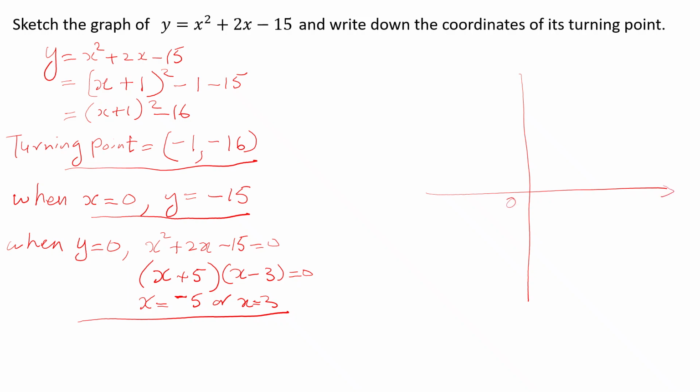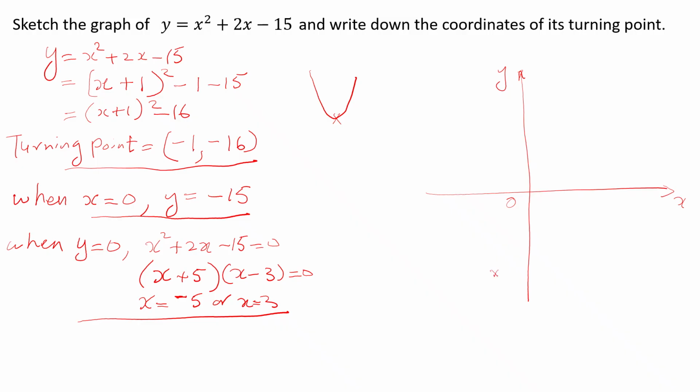Zero, x-axis, y-axis. You can see this graph has a minimum point because x squared is positive. So our turning point is negative 1, negative 16 here.